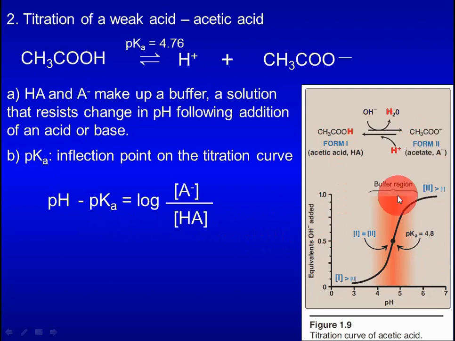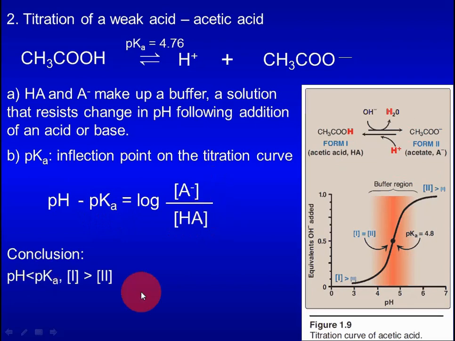When the pH is lower than pKa, this term is less than 0. Therefore, the form 1 concentration must be greater than form 2. That's the conclusion.